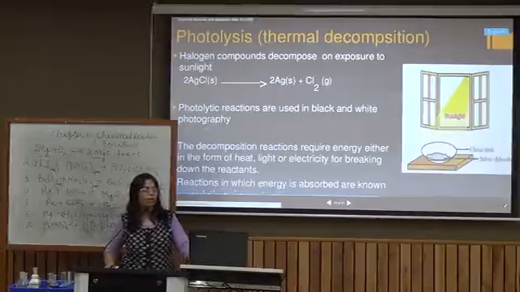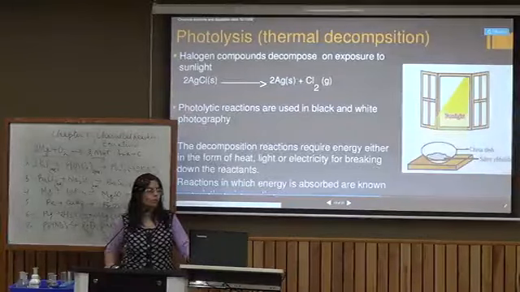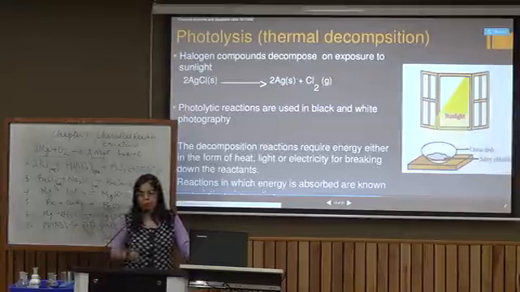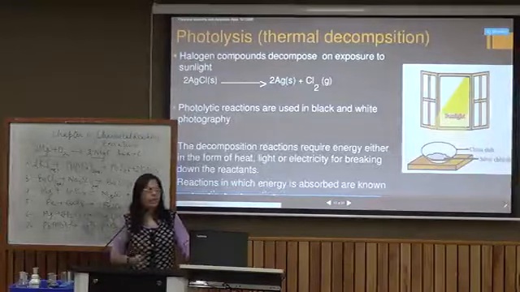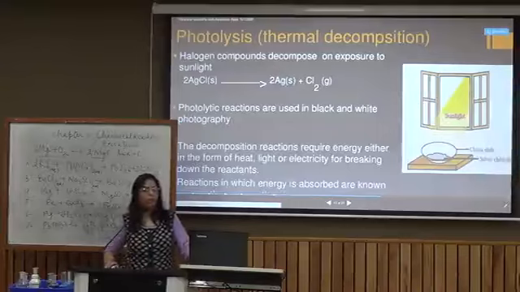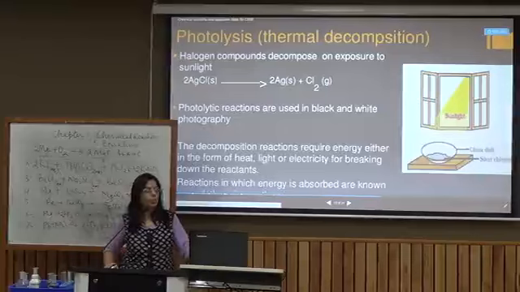Photolytic reactions are used in black and white photography. The decomposition reactions require energy, either in the form of heat. If heat is used, then they are called thermal decomposition reactions. If electricity is used, they are electrolytic decomposition reactions. And if sunlight or light is used, then it is photolytic decomposition. So we have learned 3 types of decomposition reactions.